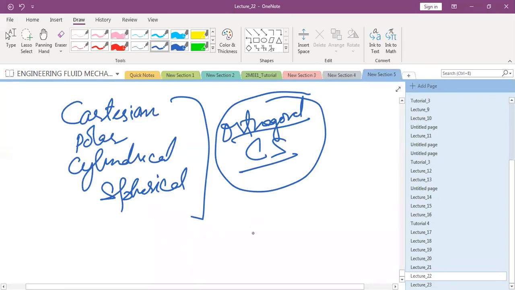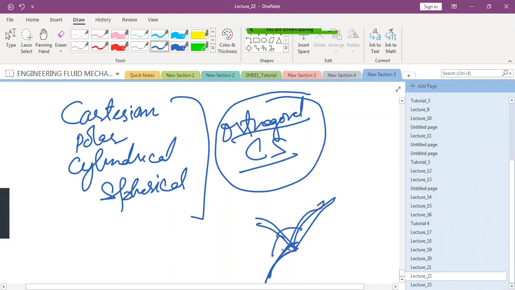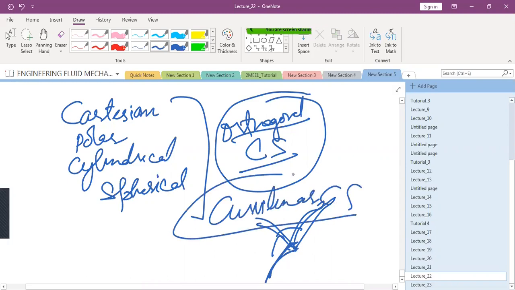But you can have curvilinear coordinates also, in which you can have any angle between the three coordinates. That is called the general curvilinear coordinate system. These three are orthogonal curvilinear coordinate systems, but not curvilinear in the true sense.